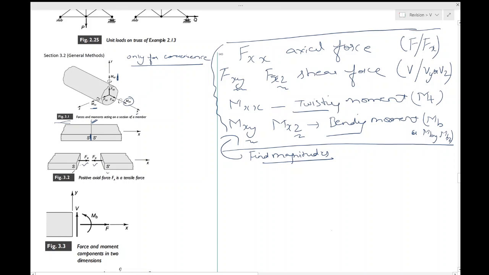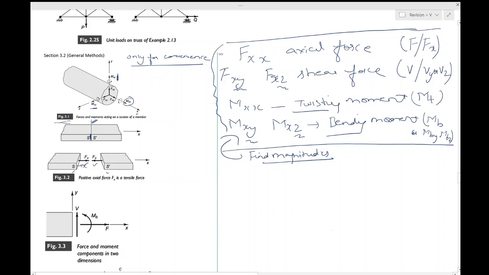On the section S, fx is positive axial force, since a force component in the positive x direction acts on a cross section whose outward normal is in the positive x direction. So the outward normal of this is in the positive x direction, hence this is positive.